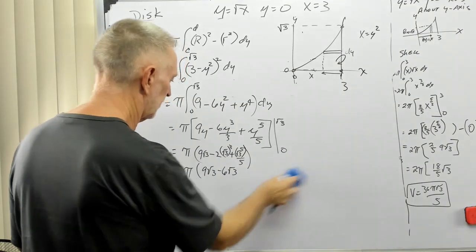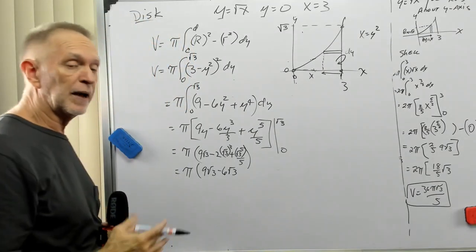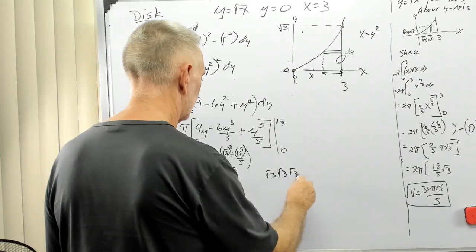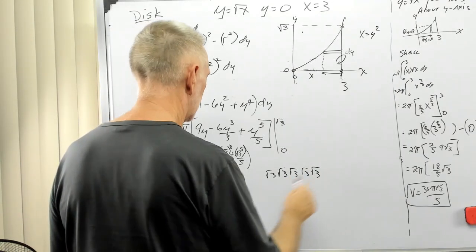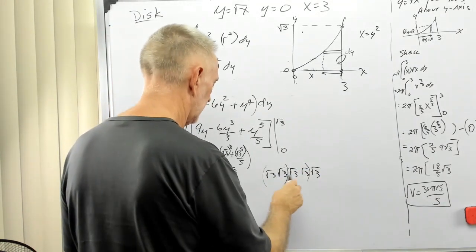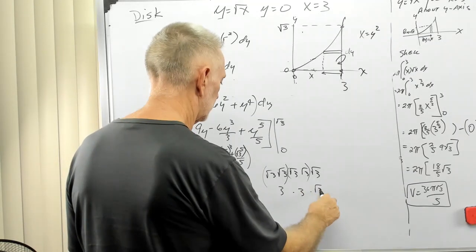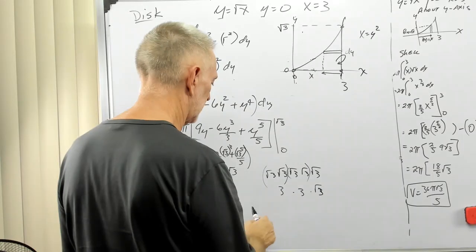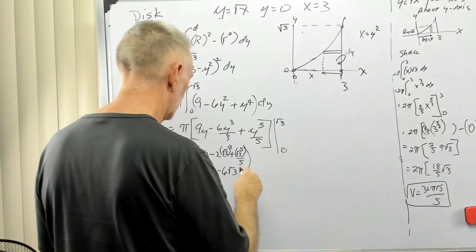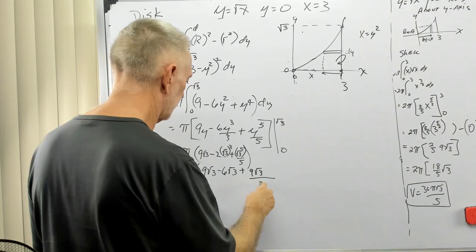Now I've got square root of 3 to the 5th power. That's 5 of them, right? If I group a couple together, those two become 3, those two become 3, and that one is left over. So 3 times 3 is 9, and this becomes 9 square root of 3 over 5.